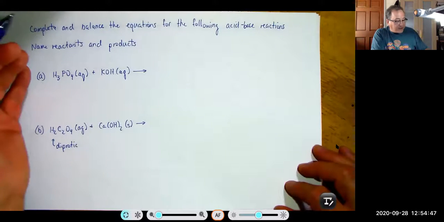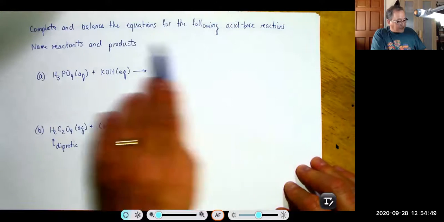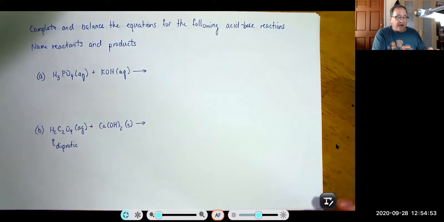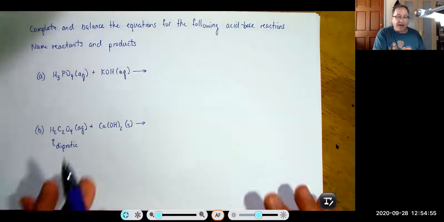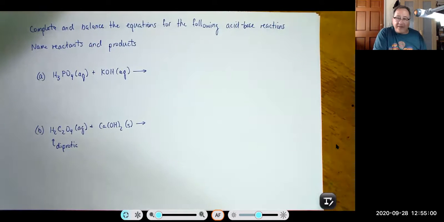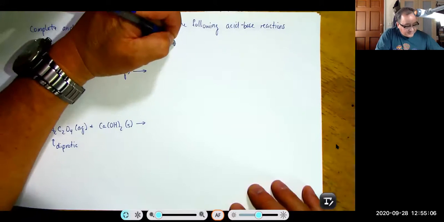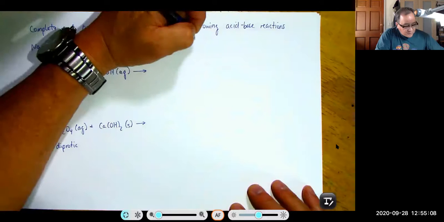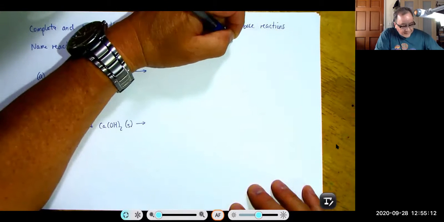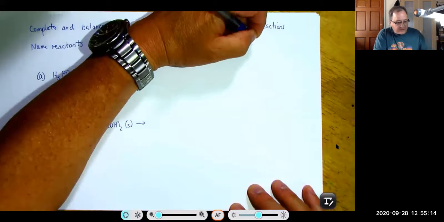Complete and balance equations for the following acid-base reactions. Name the products and name the reactants. Now, to balance an acid-base reaction, we don't really follow the Arrhenius definition or the Bronsted-Lowry definition per se. Here's what you do. An acid plus a base will react and give you water and a salt.